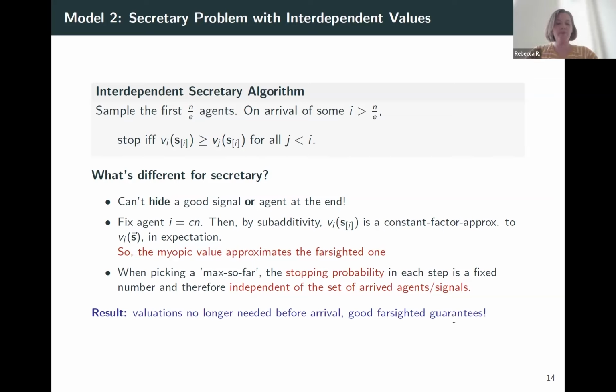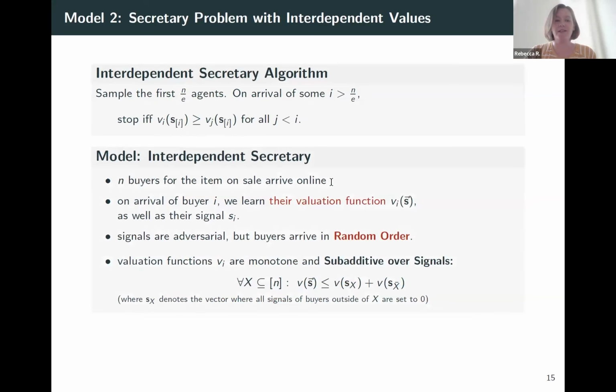Also, despite the valuations, of course, still being visible when we see an agent, we do no longer need them before arrival of the agent. Because now, as we've seen here, everything is evaluated essentially only for things that have already arrived, including the valuations. So this is like a slightly more general model that we can do at the same time.